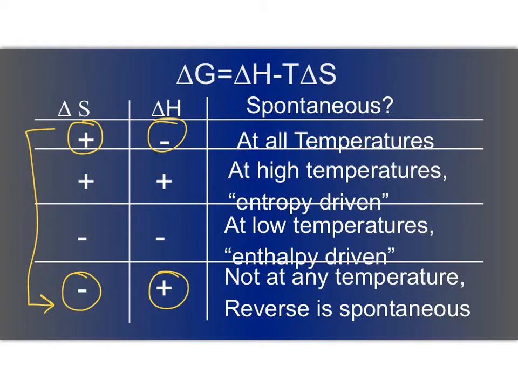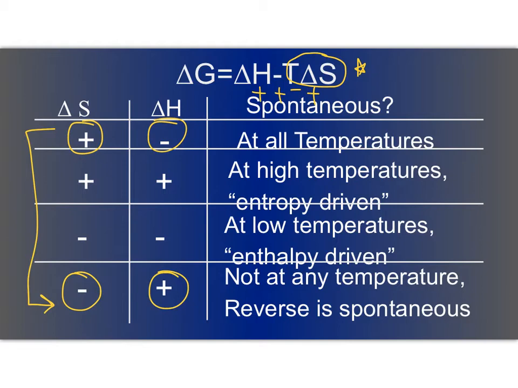If we have a scenario where the enthalpy is positive and the entropy is also positive, you will see that the T delta S factor is very important in determining whether the reaction will be spontaneous or not. If this value is very large due to a high temperature, then we would find out that delta G would be negative.